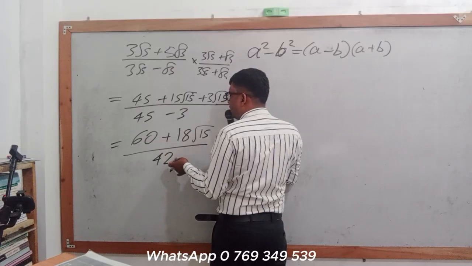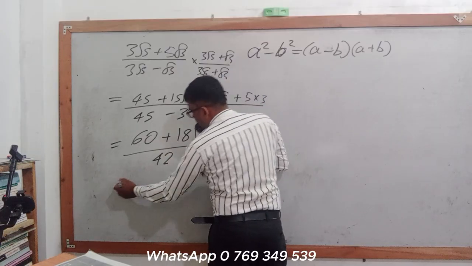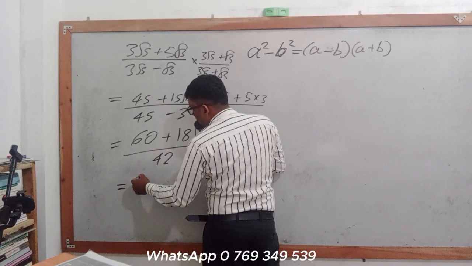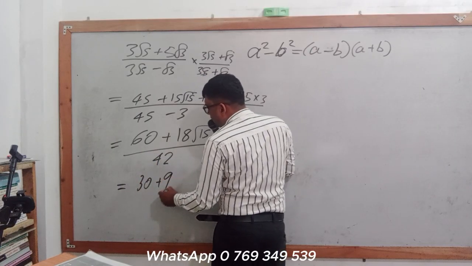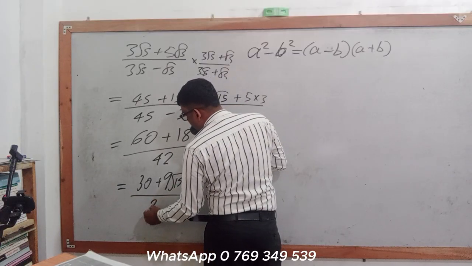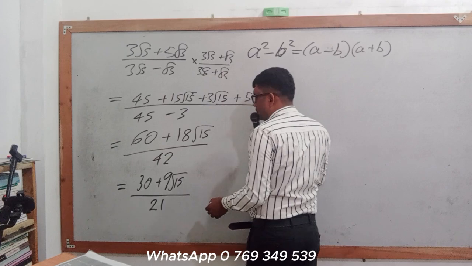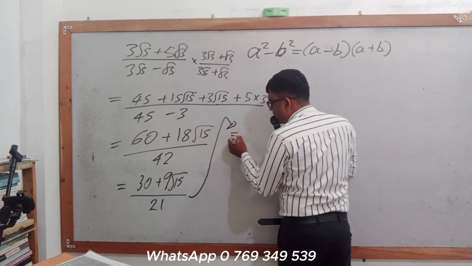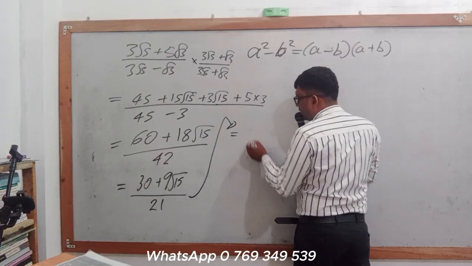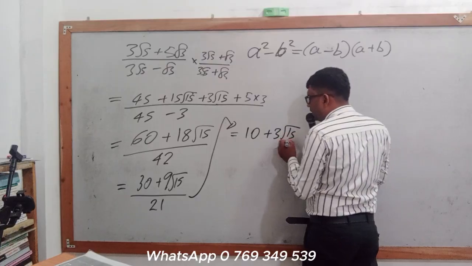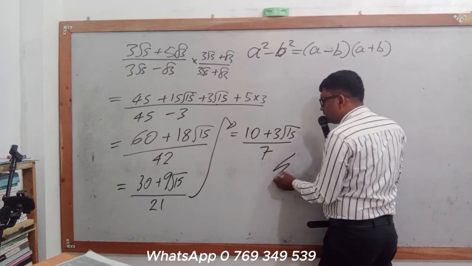Now we can divide everything by 2, so this is 30 plus 9 root 15 over 21. We can divide again by 3, so this is 10 plus 3 root 15 over 7. That is the final answer.